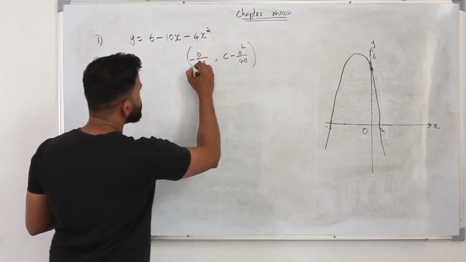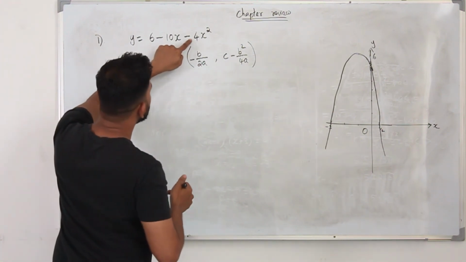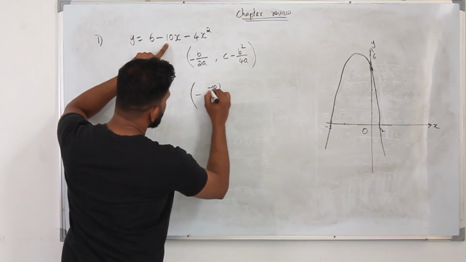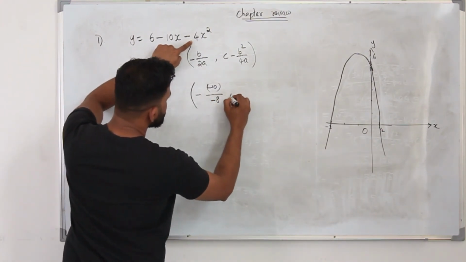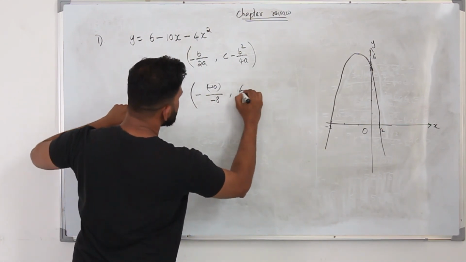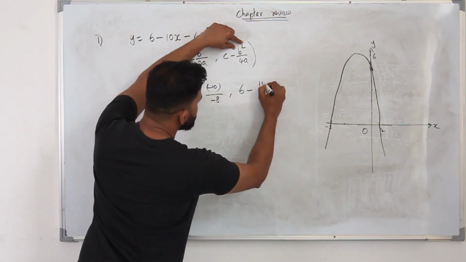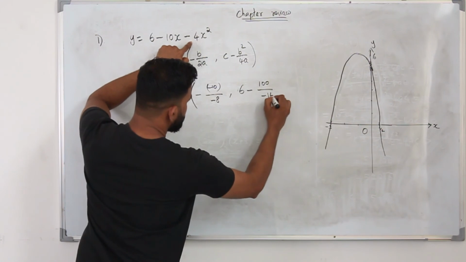Substitute the values for a, b, c. A is minus 4, b is minus 10. So 2 times minus 4 is minus 8, comma, c is 6, minus b squared, minus 10 whole squared is 100, upon 4a, 4 times minus 4, minus 16.